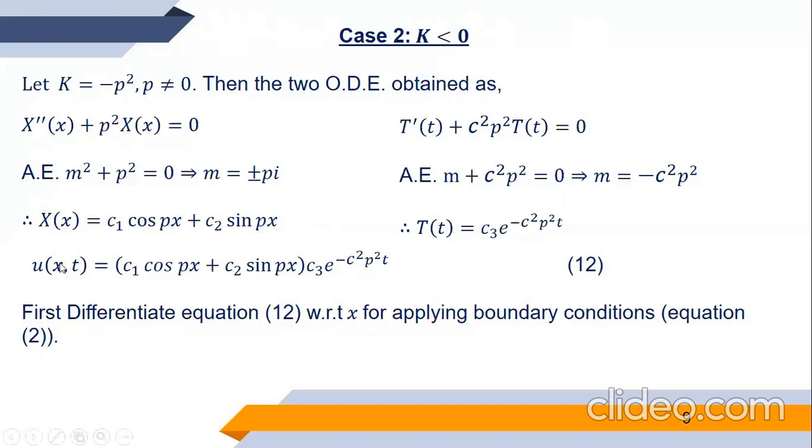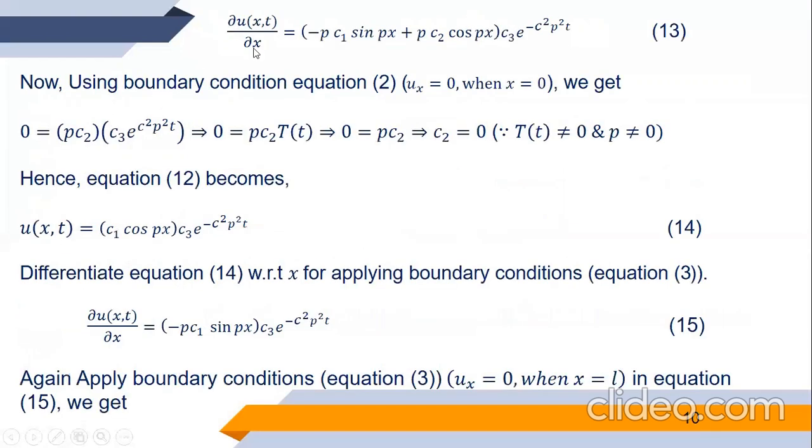We are applying the boundary conditions equation 2 and equation 3. So obviously, first we apply equation 2. So we differentiate 12 with respect to x. So del u by del x is (minus p c1 sin px plus p c2 cos px) into c3 e raised to minus c square p square t.